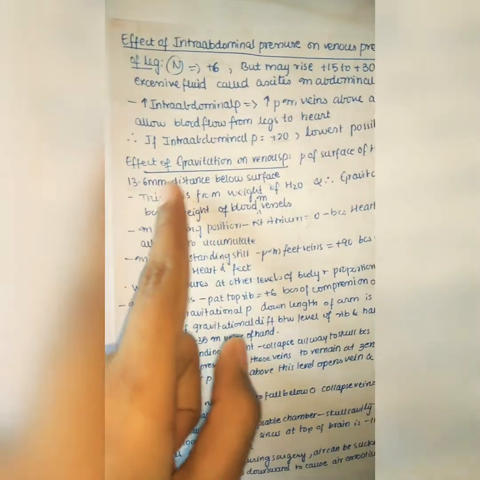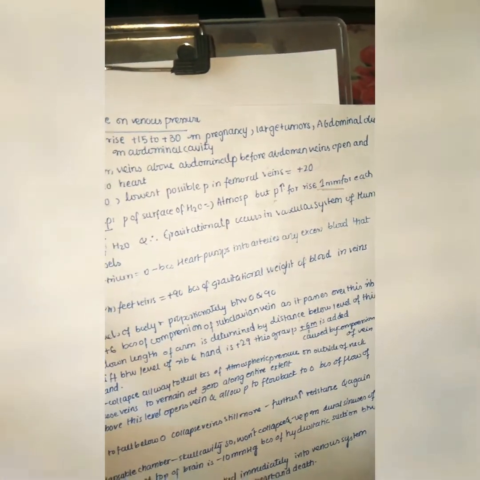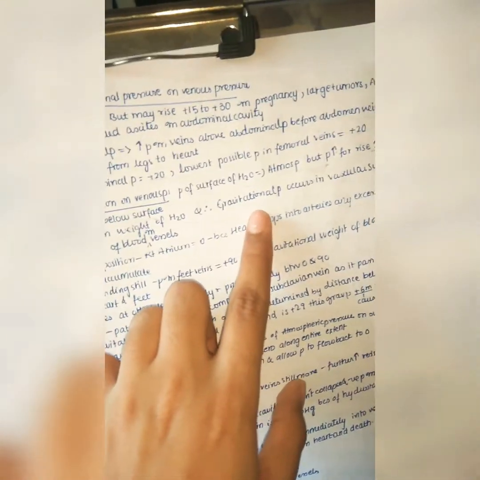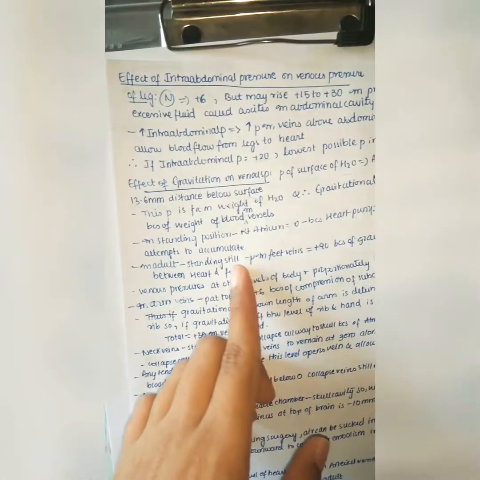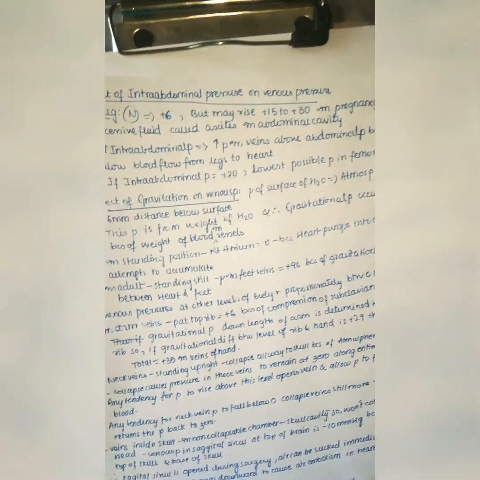So what they mean to say is, if the distance below the surface is 13.6 millimeters, then the pressure may increase by 1 millimeter of mercury. This pressure is from the weight of water, and similarly the gravitational pressure occurs in the vascular system of humans because of the weight of blood in vessels. Mainly this weight is due to the blood present in our vessels.